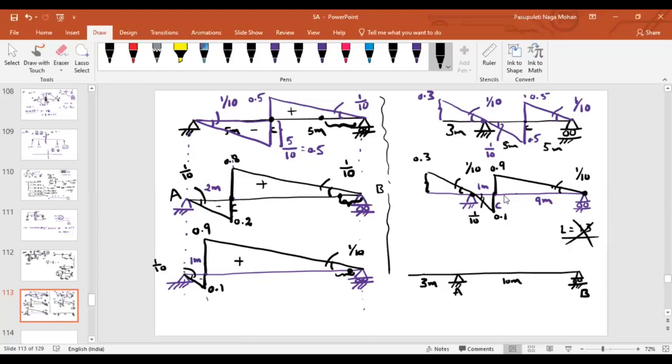How many of you will agree that I can draw shear force at point A? Again, I am telling you, wherever there are changes in the magnitude, even at point A, a reaction will develop, isn't it? Because of that reaction, there will be an abrupt change in the shear force diagram.